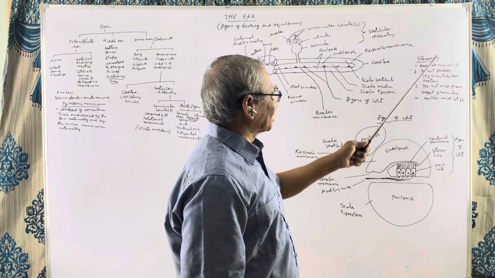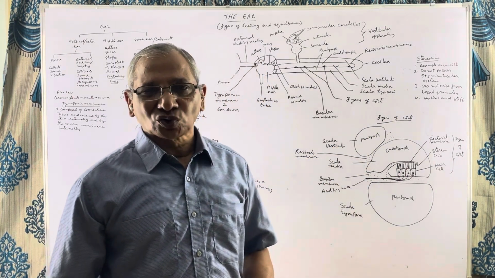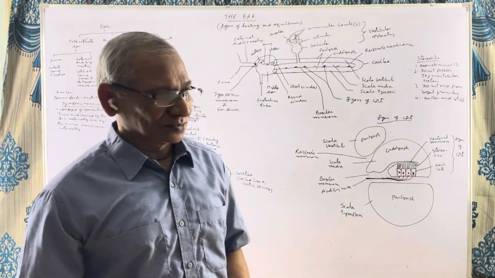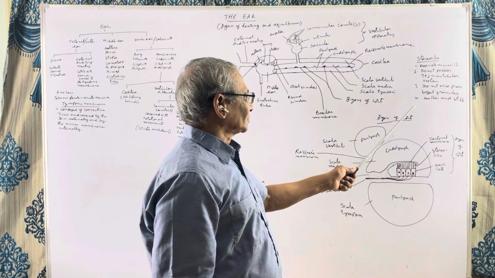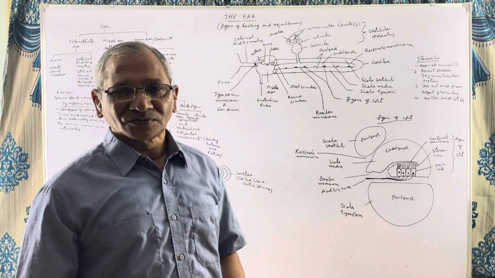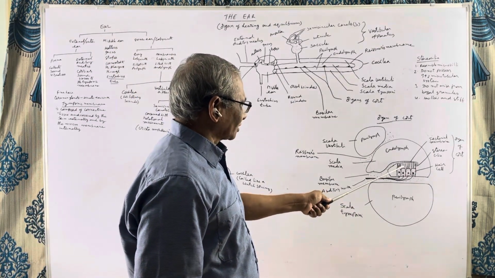The microtubules are absent. And the stereocilia also do not arise from basal bodies. Then, the stereocilia are hollow and they are stiff. So these are stereocilia.